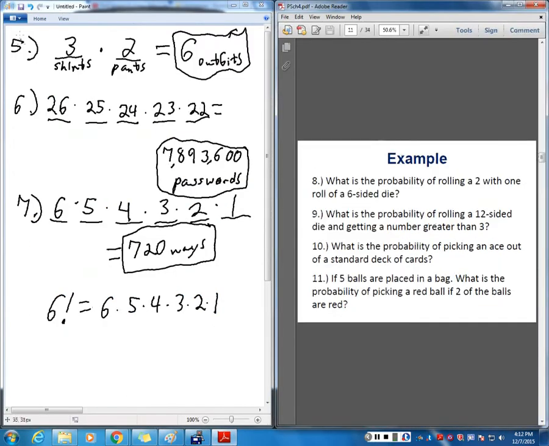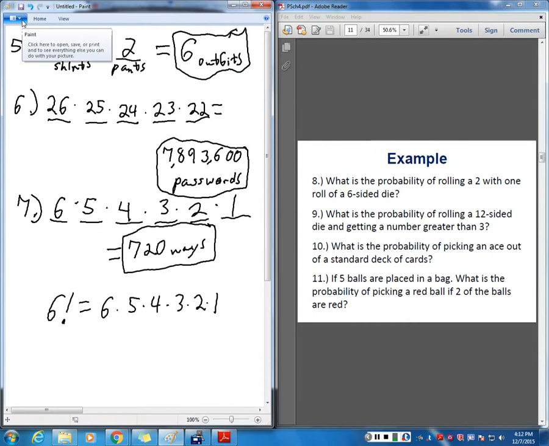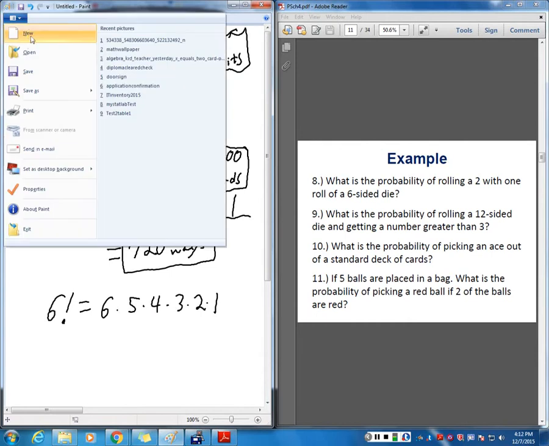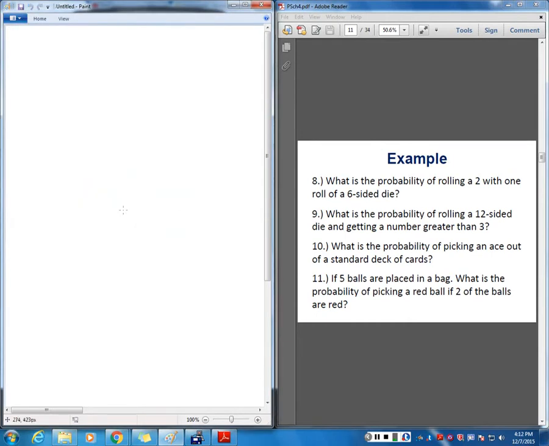Number 8. We'll find the probability of rolling a 2 with one roll of a six-sided die. So for number 8, I write my notation first, and I write it like this: P of x equaling 2 equals.